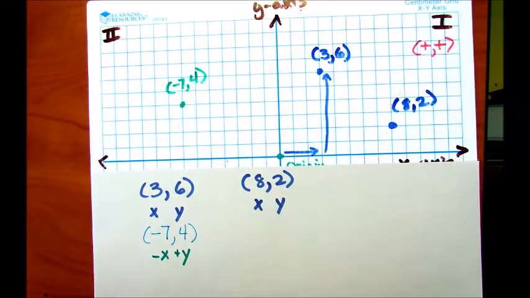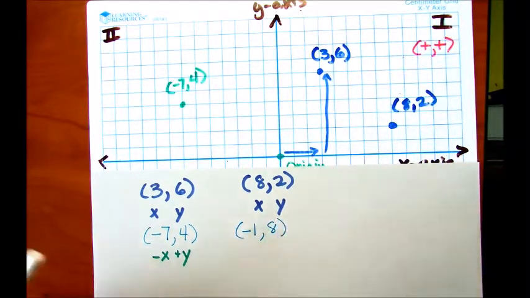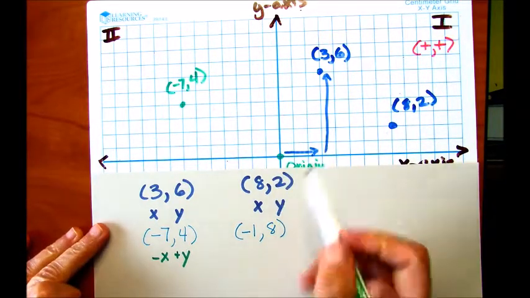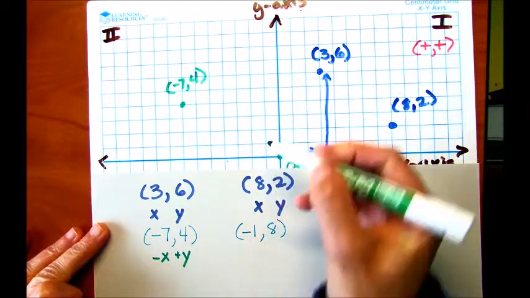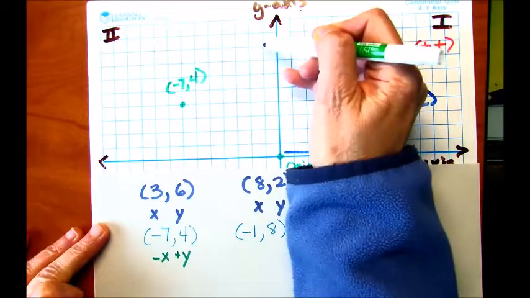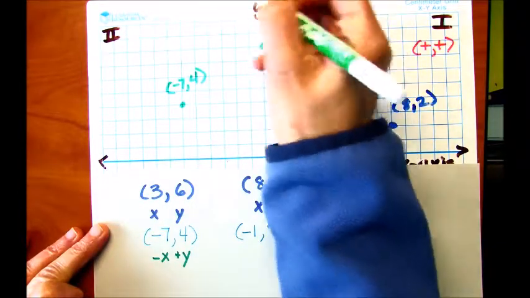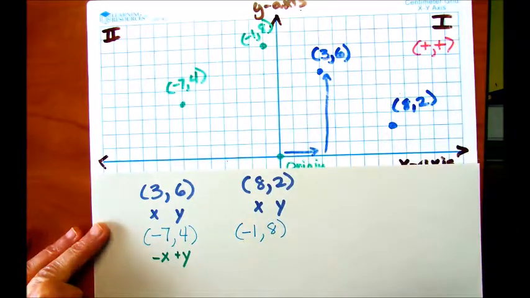Okay, let's try another. Let's do (-1, +8). Again, we start with the x, -1, and then we're going to go up 8. 1, 2, 3, 4, 5, 6, 7, 8. (-1, +8).